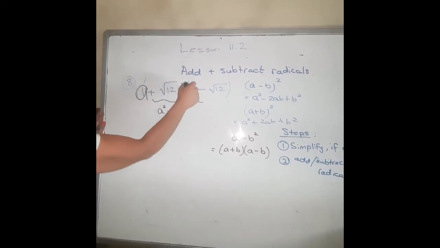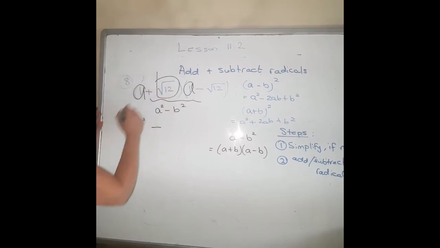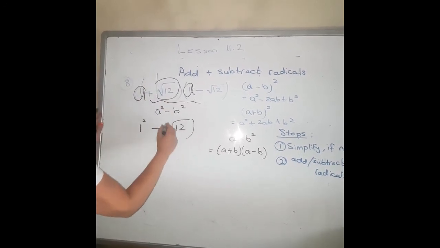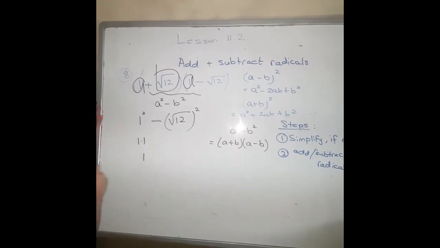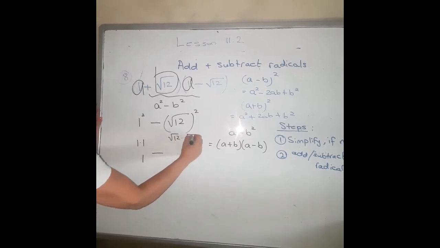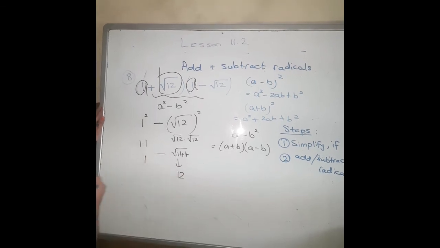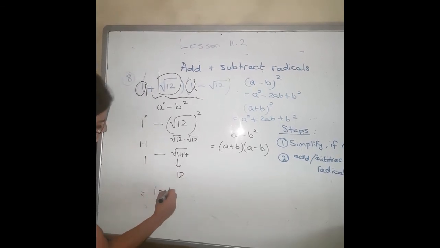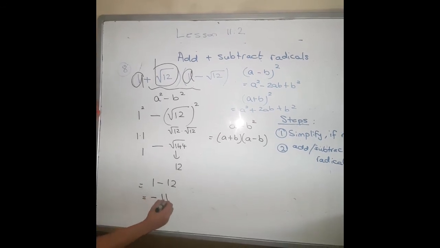This is my a, so it's 1 to the second minus, this is my b, radical 12 to the second. 1 to the second is 1 times 1, which is 1, minus radical 12 times radical 12, which is radical 144, which is 12. So my answer is 1 minus 12, which are whole numbers, which is negative 11.